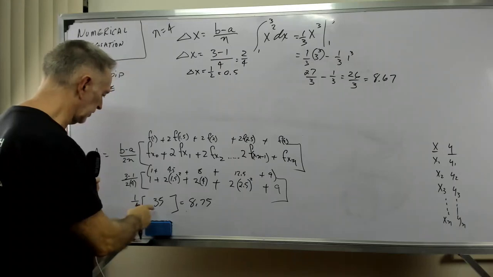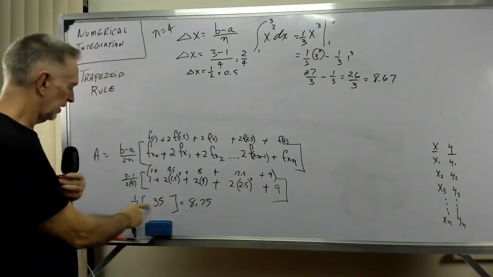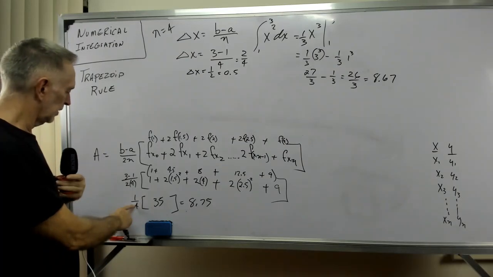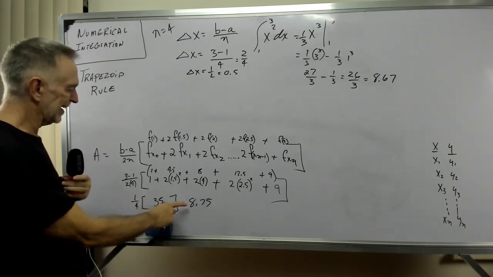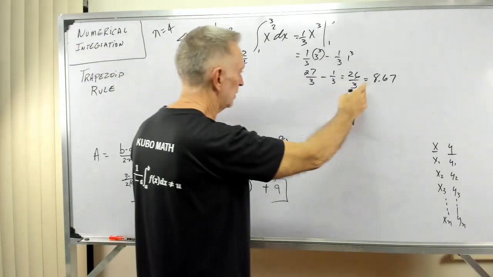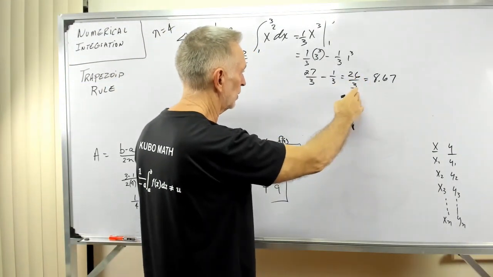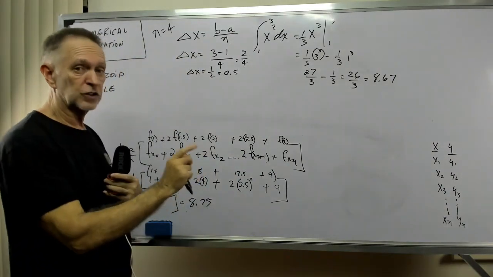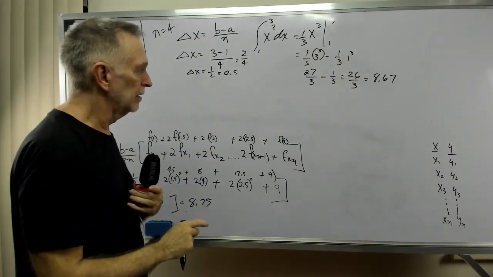I sum all this up and had 35. 35 times my 1/4 gave me 8.75. Now if you take the decimal equivalent of 26 over 3, it's 8.67. So you'll see there is just a little bit of error to that.